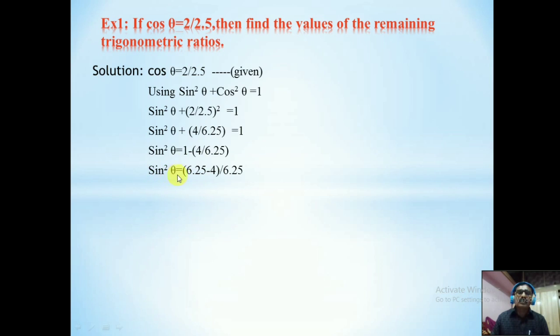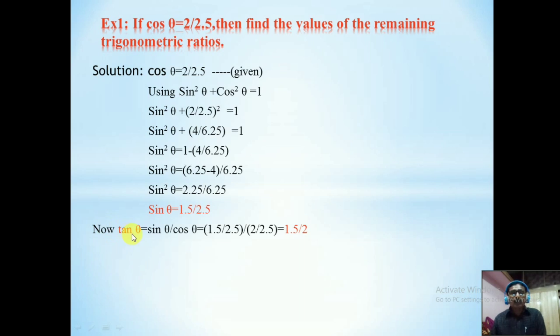Sin square theta is equal to 6.25 minus 4 upon 6.25. Therefore, we get sin square theta is equal to 2.25 upon 6.25. Taking square root of both sides, we get sin theta is equal to 1.5 upon 2.5.